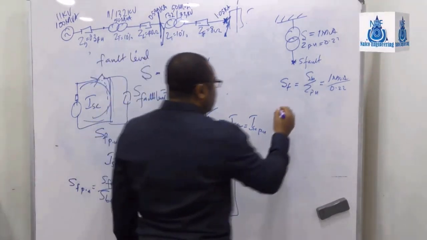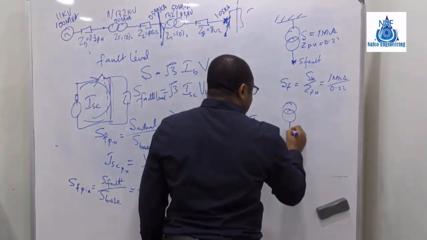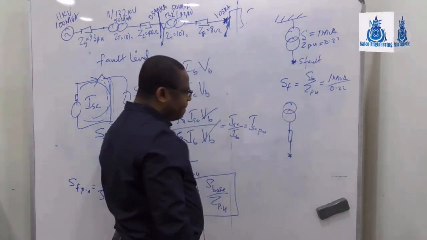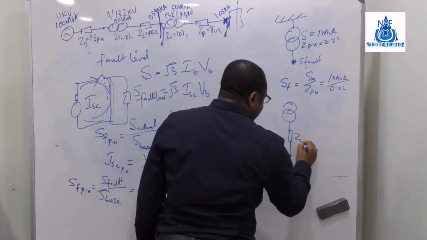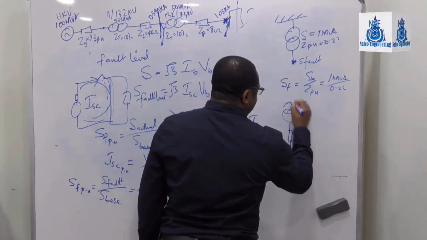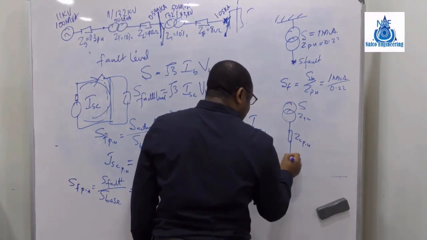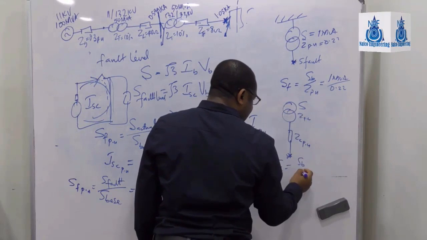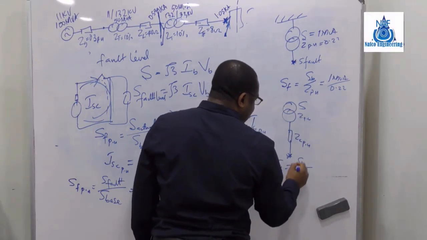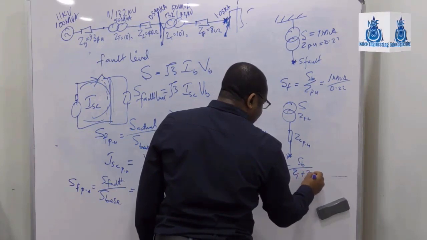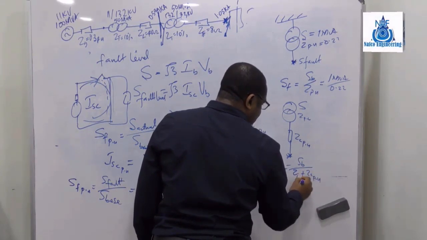If there's a cable there, and I want to calculate S fault here, I must have this Z of the cable in per unit, and I have that in per unit, and I have that. So S fault here will be S base, which is that power, divided by Z of the transformer plus Z of the cable, but all in per unit.